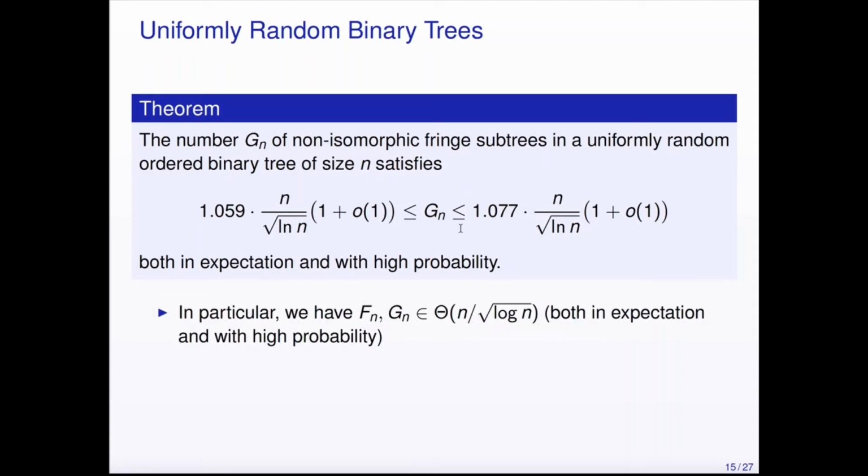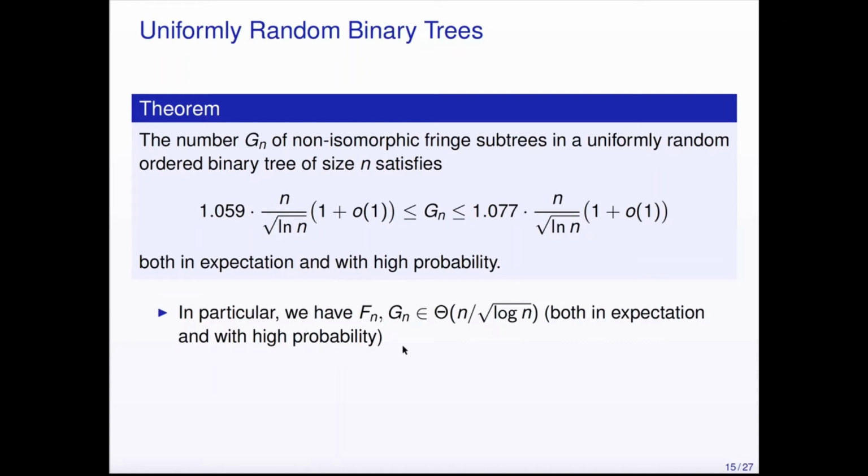Namely, we provide an upper bound 1.077 and the lower bound 1.059, where in our paper we have computed some more digits with respect to these upper and lower bounds. So in particular, we find that both Fn and Gn are in theta of n over square root log n, both in expectation and with high probability.